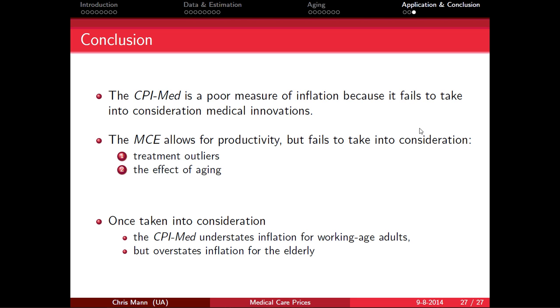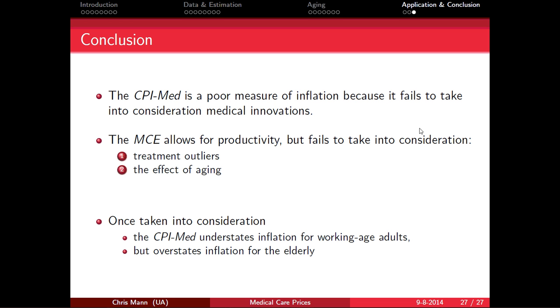Okay? So, in conclusion, what I've argued is that the medical care component of the CPI really is a poor measure of inflation, right? Because it doesn't take into consideration any productivity gains, innovations, quality adjustments, any of those things that are actually taking place in the medical care sector.